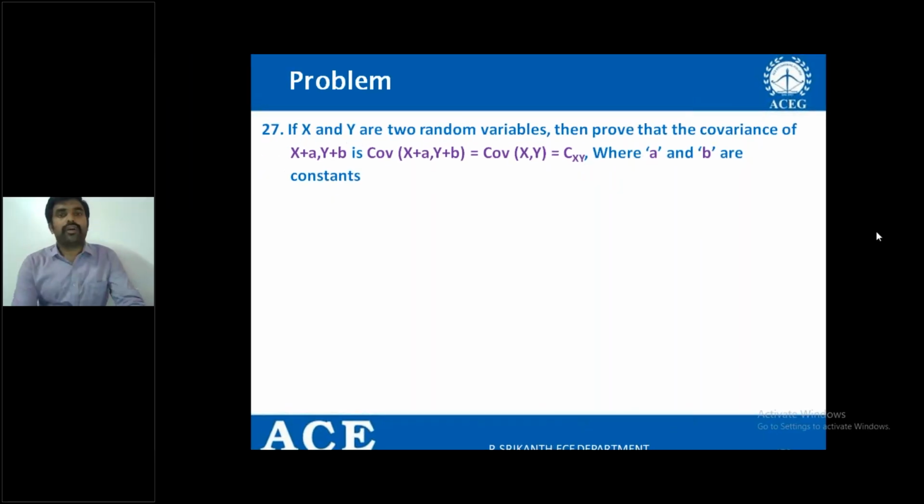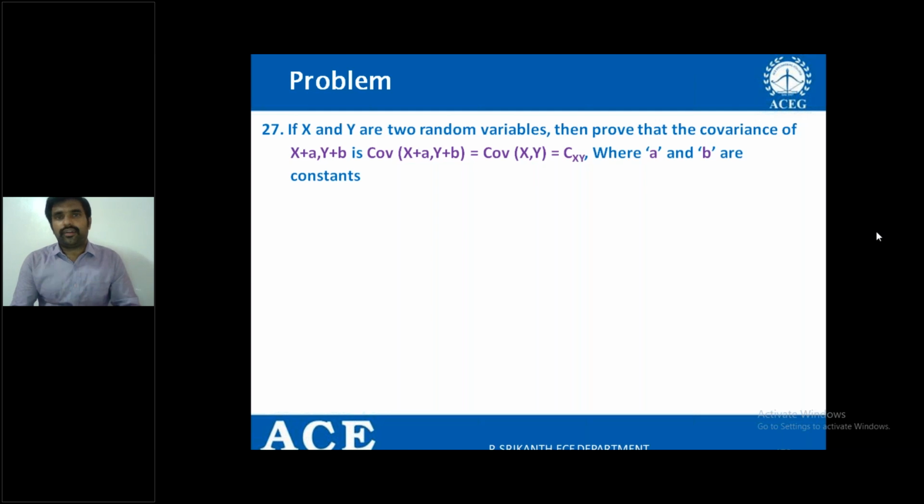Dear students, in the last session, we discussed joint moments. We find the joint moments to find the statistical characteristics or statistical parameters of multiple random variables, right?